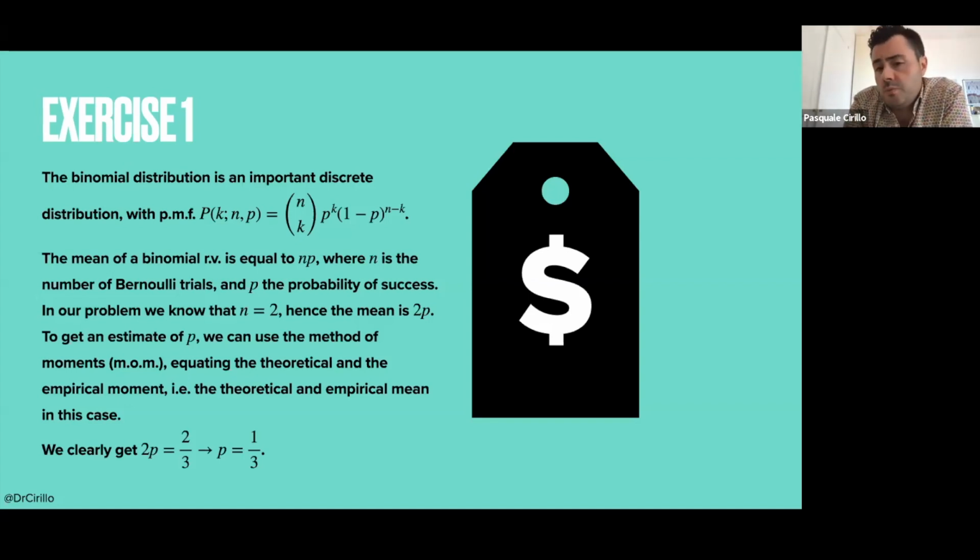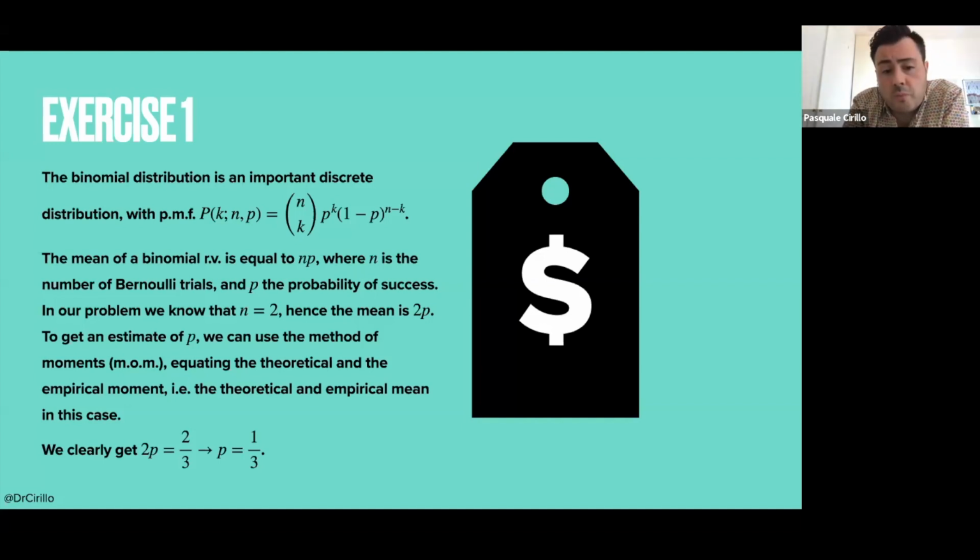For other distributions, it can be that we cannot use this method. So think, for example, of a Pareto distribution or a Cauchy distribution: these are distributions for which, in principle, some of the moments can be not finite. So they are not completely defined. So obviously, in that situation, we cannot use the method of moments.